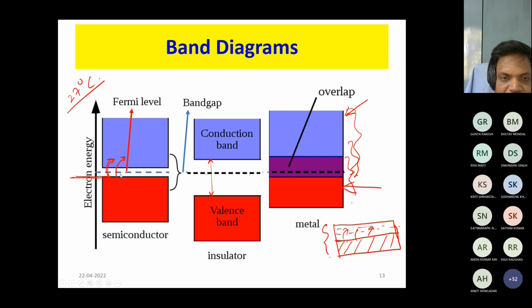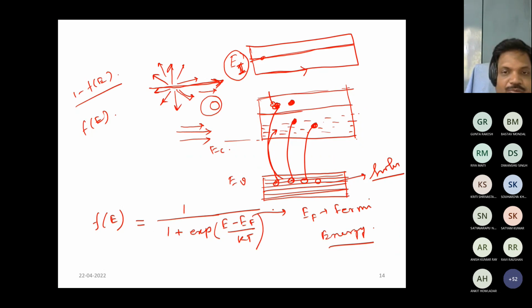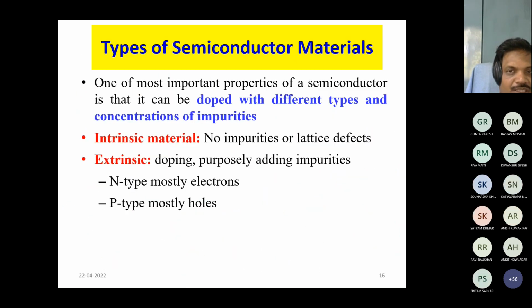But if it is allowable, then 50% of the energy states will be occupied by the electron. So this is the Fermi energy distribution and the probability concept of an electron occupying a given energy state at a particular temperature.